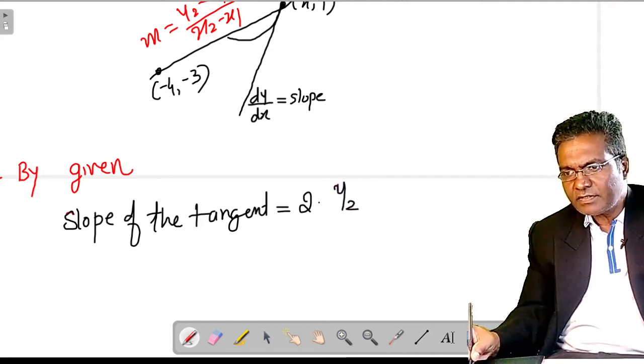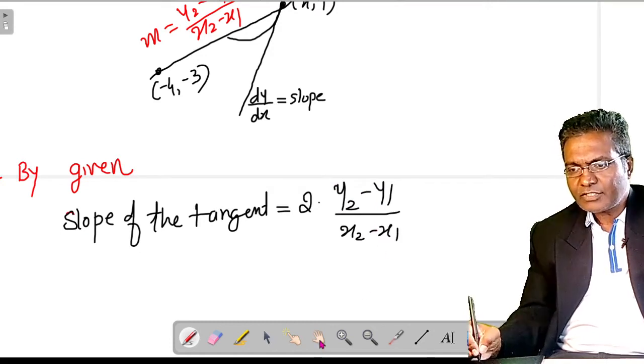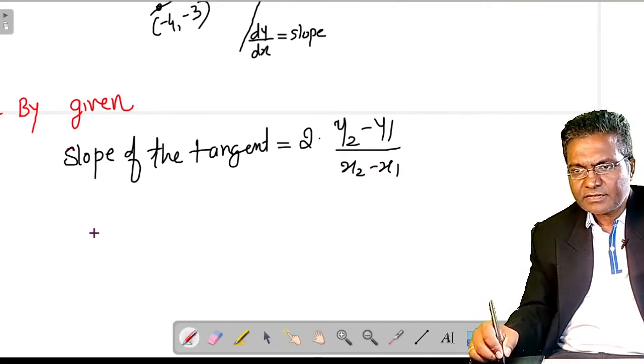So I can write y2 minus y1 by x2 minus x1.